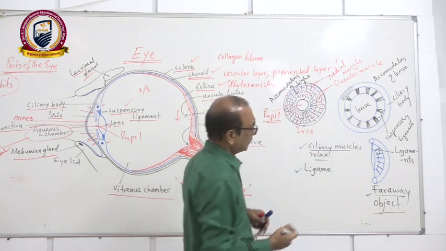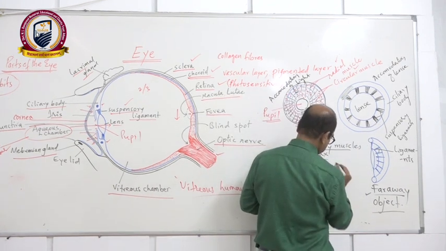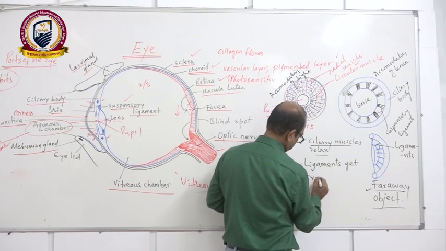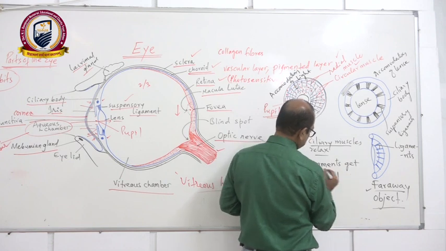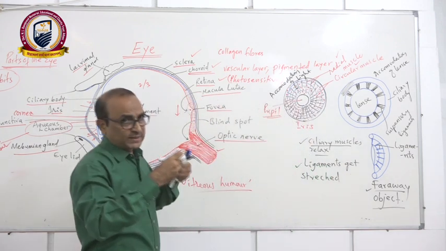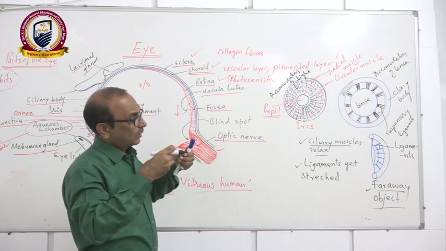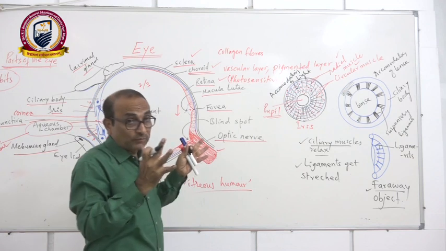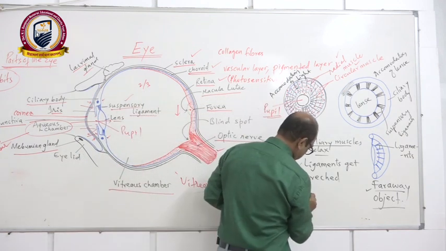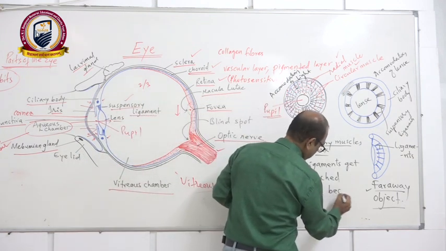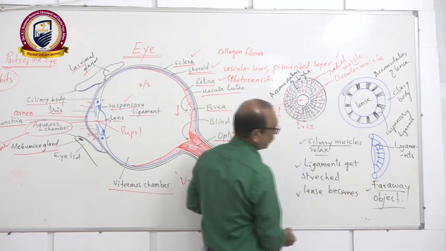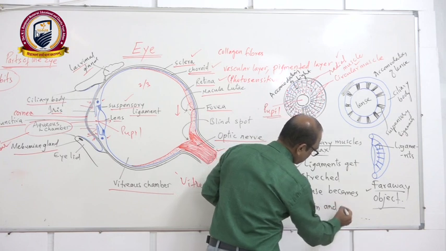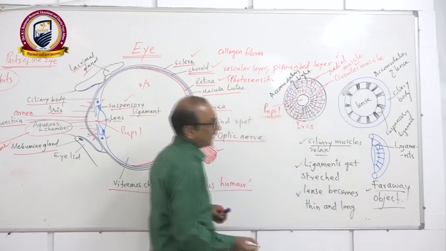So as a result, when the ligaments are stretched and becoming straight, they pull the lens from all the sides. So when the lens is pulled from all the sides, the lens becomes both thin and long, we say, in cross section.